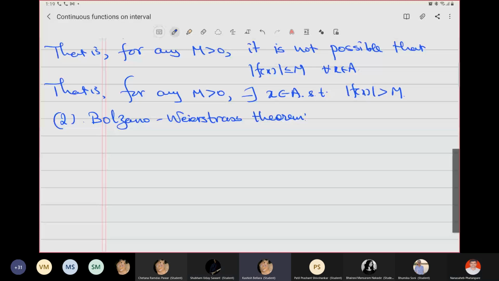No, it is about sequences, right? Every bounded sequence has a convergent subsequence.